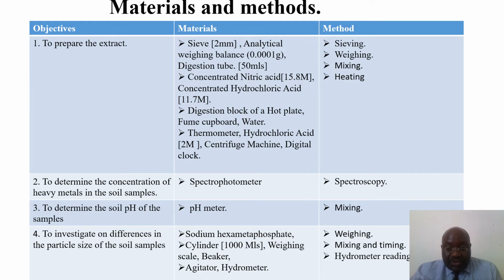Even spectroscopy is not a method. We have standard procedures that are supposed to be followed when you are going to analyze samples using a spectrophotometer. And even when you say you are going to investigate the differences in particle size, and you say the method is mixing and timing, that one is not clear.